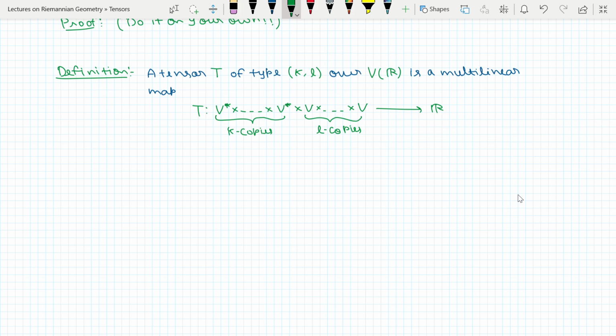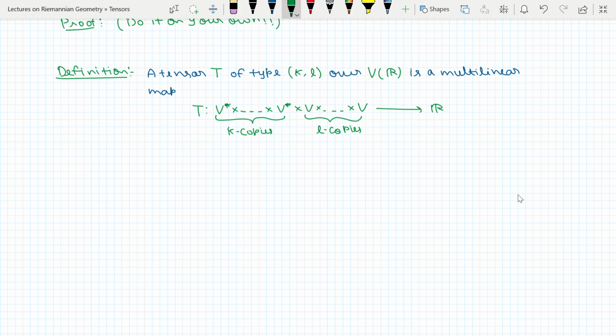So before you read about tensors from any book, if you are reading general relativity from some book, let's say, make sure what convention they are using. Because if you take the product of V first and then V star, then certain notation will change, because everything is done according to the main definition.